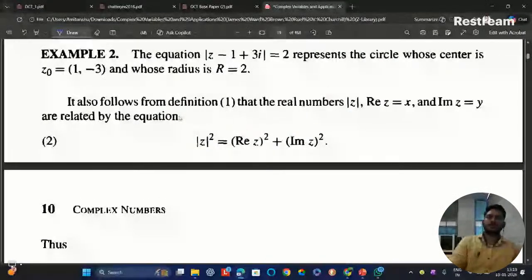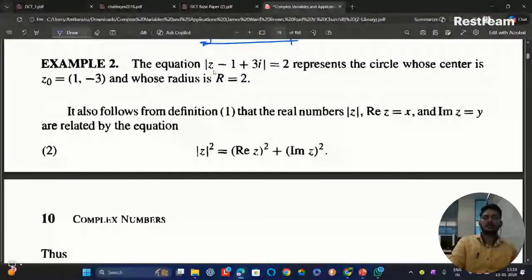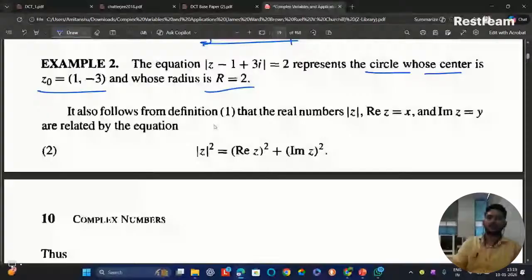Take one more: the equation Z minus 1 plus 3 iota equal to 2 represents a circle whose center is Z0 equal to 1 minus 3 iota and radius R is equal to 2. So follow the first definition. What does the definition say?